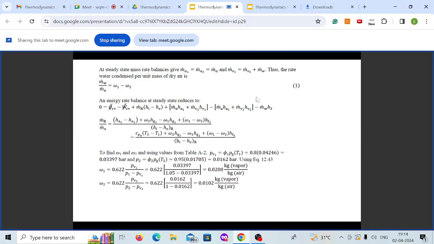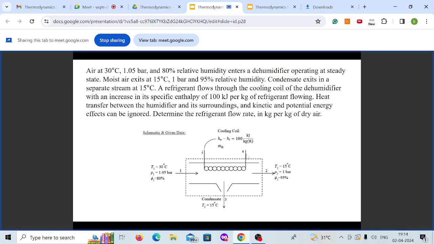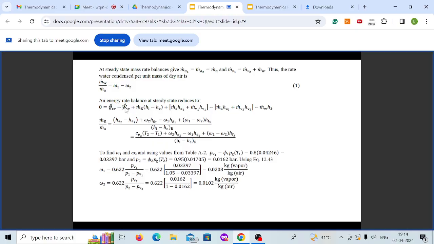Now if you apply an energy balance across the dehumidifier, Q is the mass of refrigerant times (hi minus he), which is the cooling load, plus the mass of air coming in: dry air enthalpy plus water vapor enthalpy, minus similarly for the exit air, minus the enthalpy of the water which has condensed.